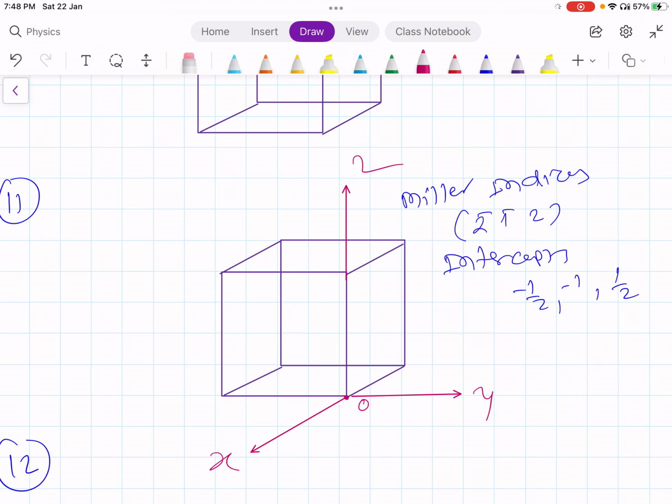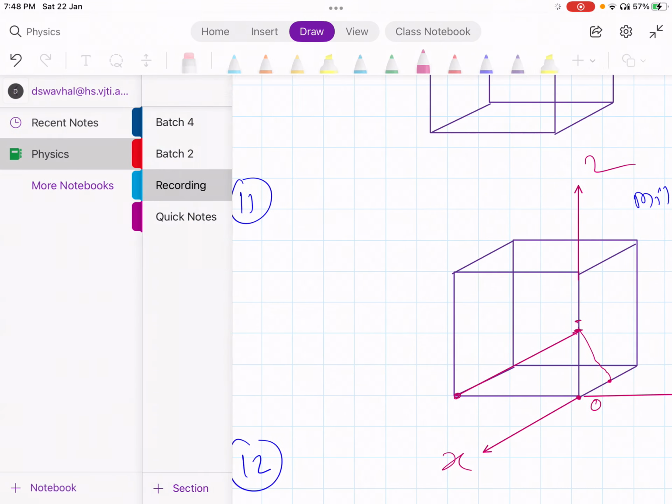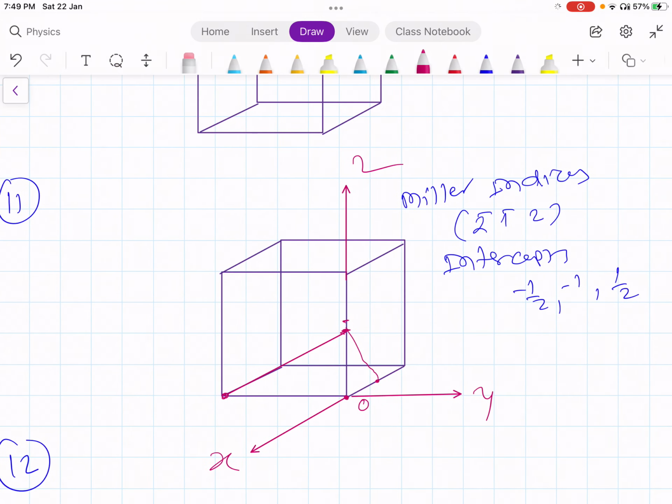You have to mark it. Minus half, minus 1 and plus half. So this is half somewhere. Join these points. So this is the plane.